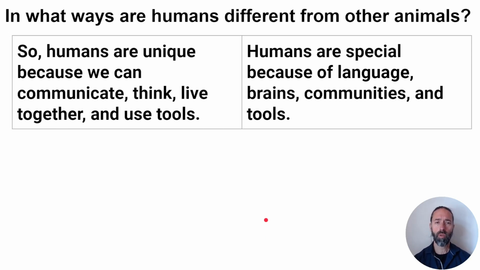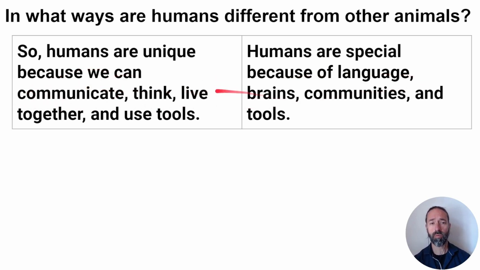Humans are unique because we can communicate, think, live together, and use tools. It's very similar. There's a linker here. Instead of "are special", we're using "unique", a bit more complex language. Because of language, we can communicate. Instead of using language again, we're communicating.